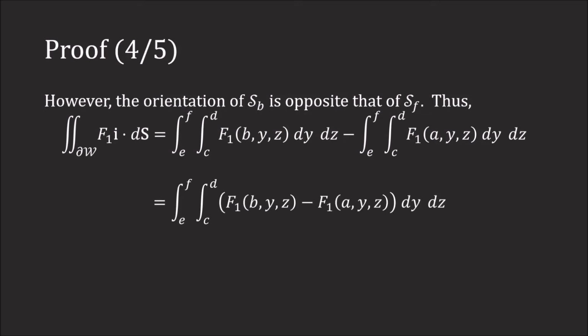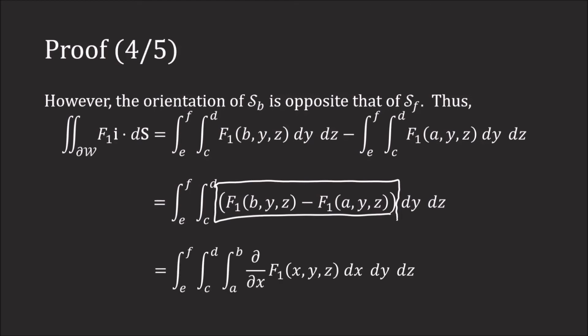Now we can combine those into a single double integral. And notice that this piece right here is a fundamental theorem of calculus application. Right? We can write that as this integral right here.